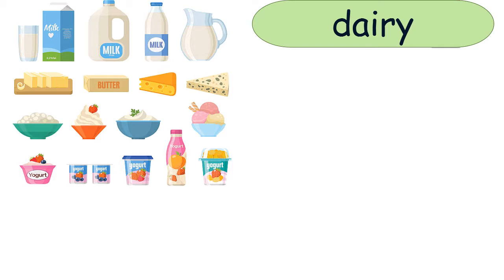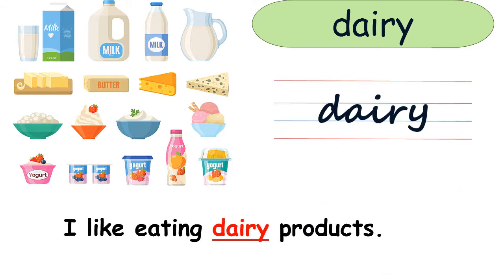We call this kind dairy. Milk, cheese, butter, and yogurt. Okay? Let's see an example. I like eating dairy products. So this word, dairy.